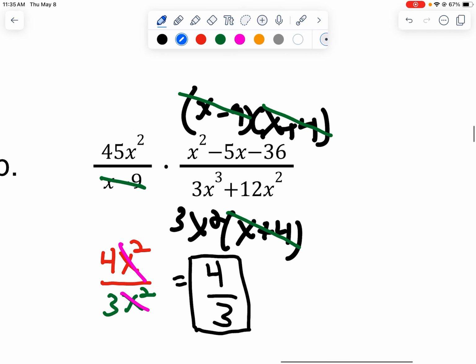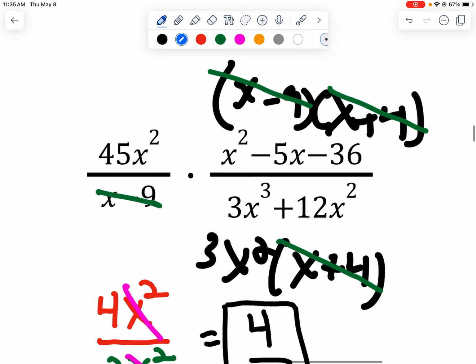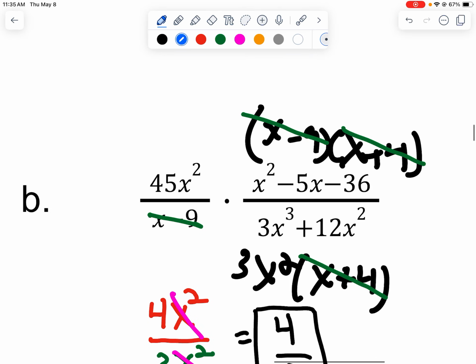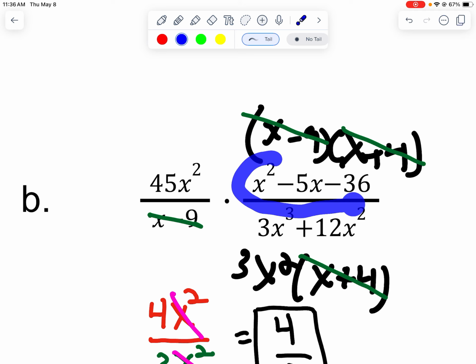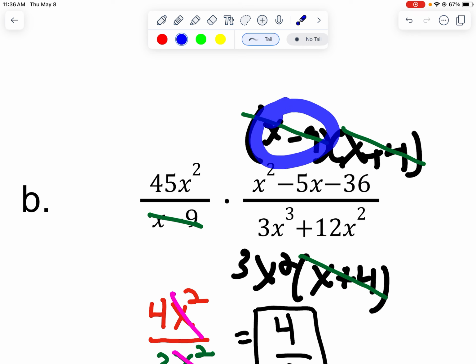All right, so now on this one, like I said, the F word comes into play. You have to factor. So what I did on top here is I looked for two numbers that multiply to negative 36 and add up to negative 5, and I saw that that was negative 9, so it's x minus 9 and positive 4, so that's x plus 4.